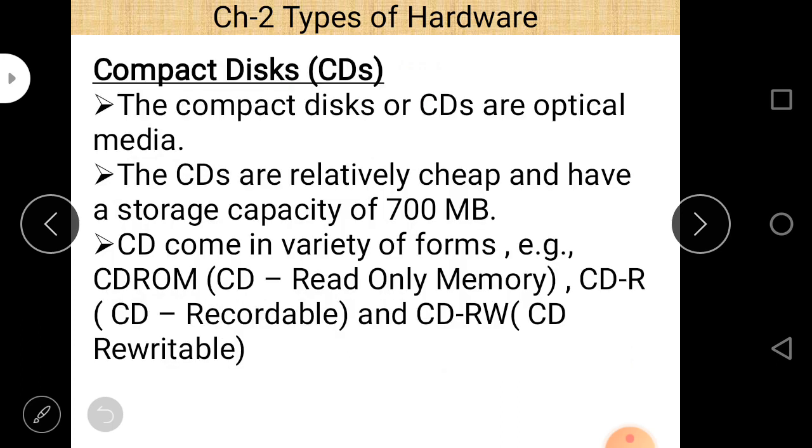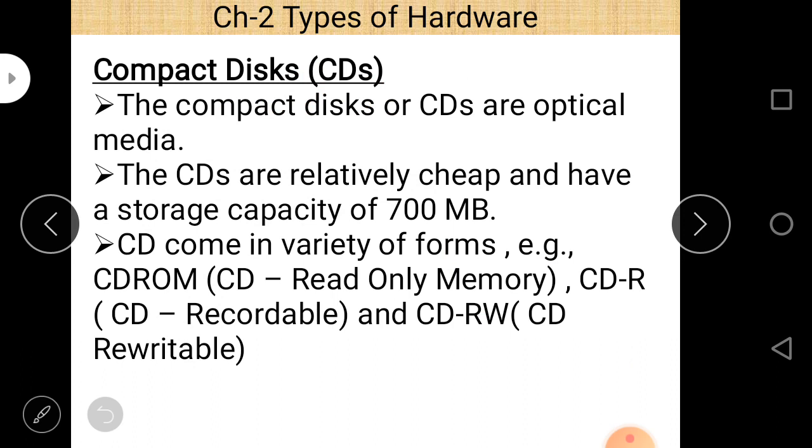Compact discs, the CDs, are optical media. The CDs are relatively cheap and have a storage capacity of 700 MB. So in a common CD we can store around 700 MB of data, a file of up to 700 MB in size, and very easily.